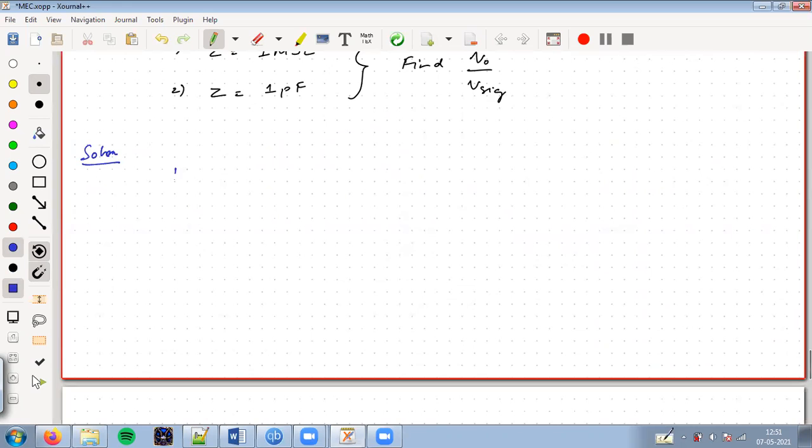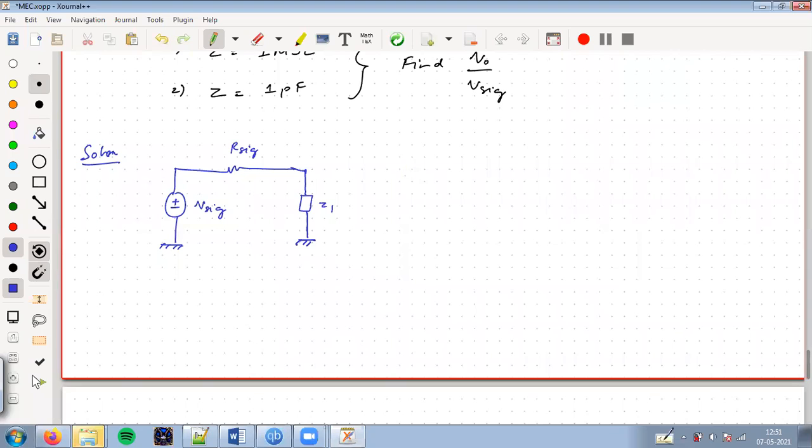I draw the equivalent circuit. So this is plus minus V signal. This is R signal. And here I'm replacing Z with, say, Z1.